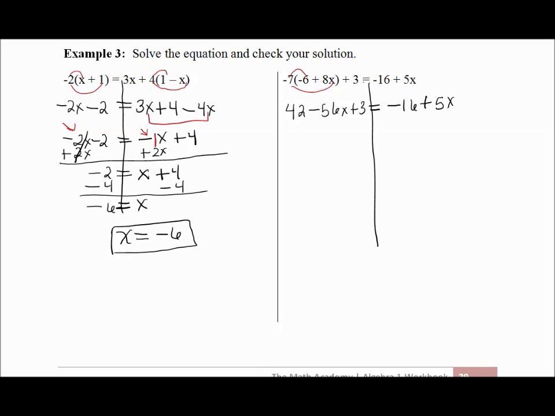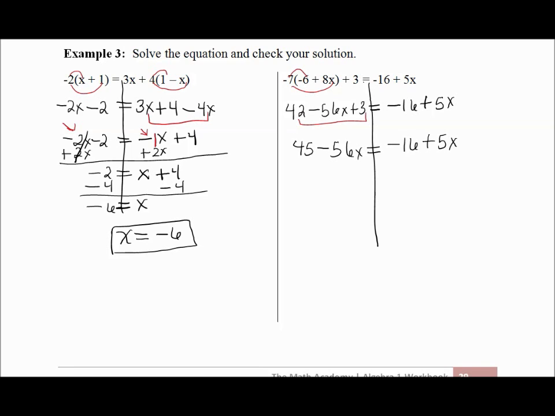Now I also see here on the left that I have a couple of like terms that I can combine. 42 and 3 is 45. So it gives me 45 minus 56x is equal to a -16 plus 5x.